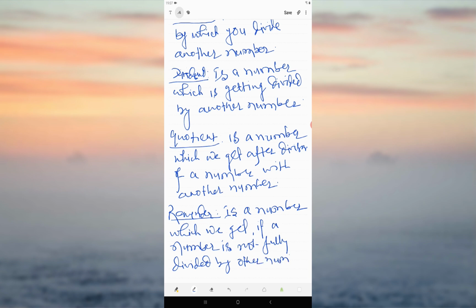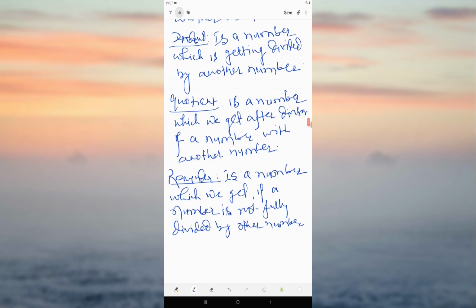Simple. So when you divide, if it does not get divided properly, then you get another number below. That is the remainder. When we divided 7 by 2, the remainder is 1. We can't do further division, I mean, as a proper division there should be no decimal points and all. So we will stop over there.